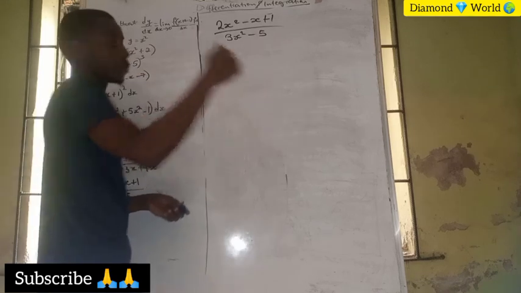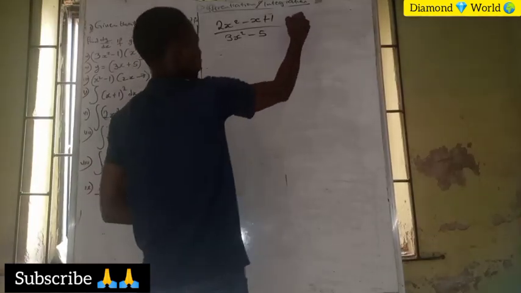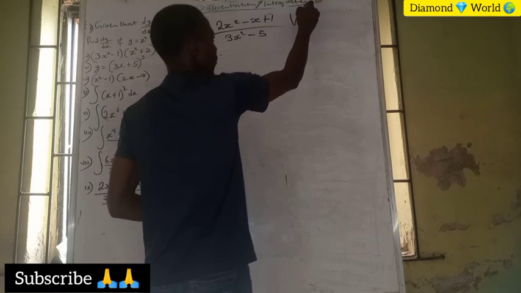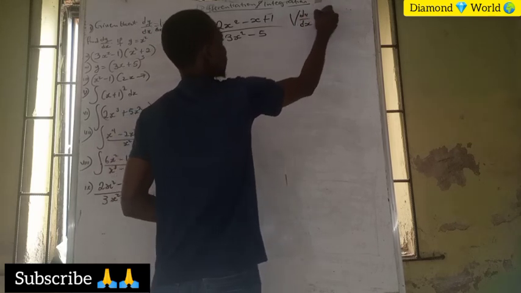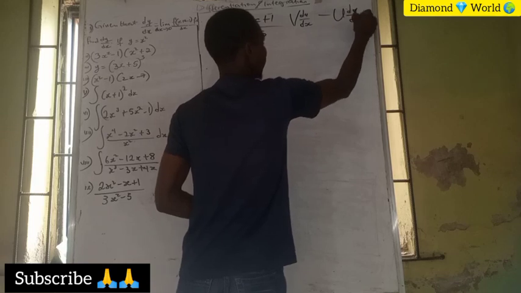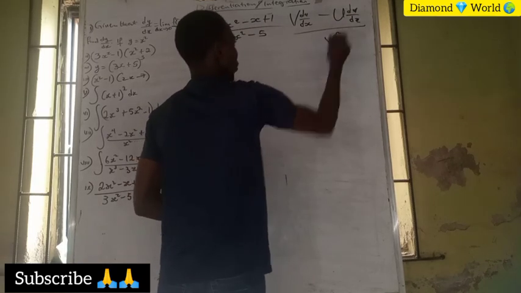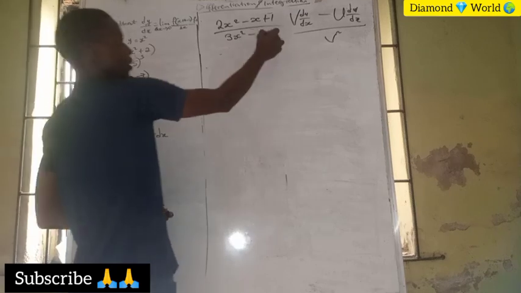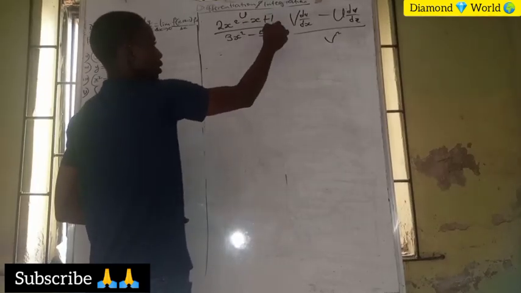Let me first put out the formula so that we won't get confused on what I'm doing. The formula is v du/dx minus u dv/dx, all over v squared. Now this is our u and this is our v.